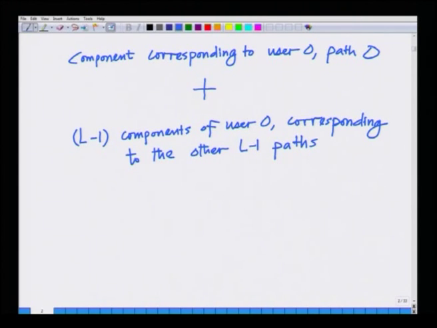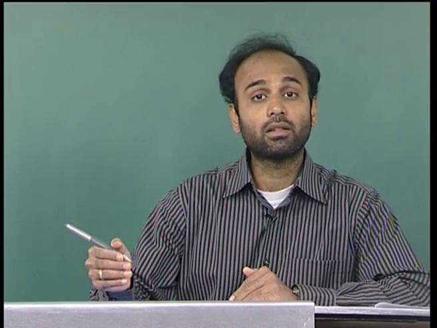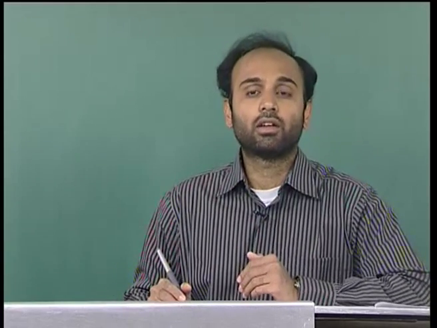In the rake receiver we are correlating with c_0 of m, which extracts the path corresponding to 0 lag. The rest of the paths form the interference.